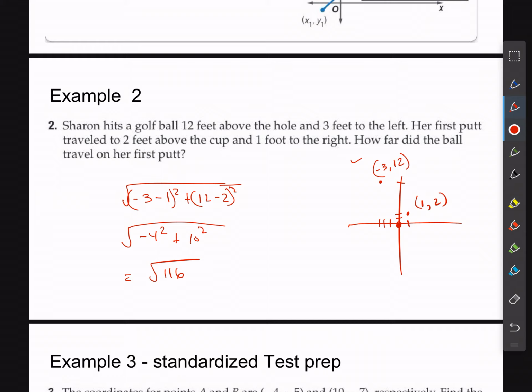You could simplify this a little bit more because I know that 4 goes into that, but I guess we'll just do this out here. So the square root of 116, if we want to round that, is, let me just pull that up. This is equal to 10.77. And I guess we're in feet.